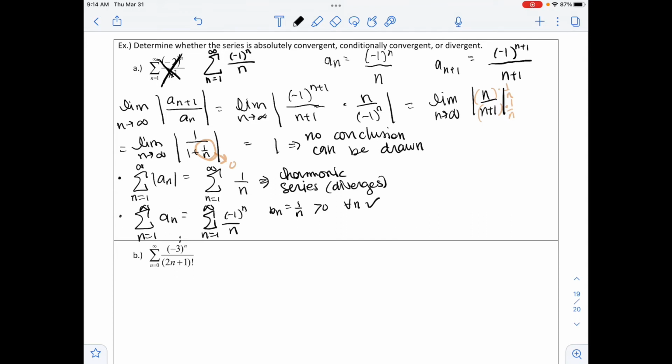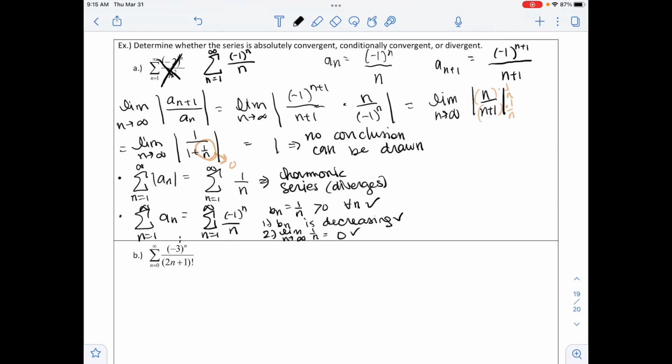So check, that's the first thing. The other thing is that it needs to be decreasing. So b sub n is decreasing because as you increase n, those terms are going to get smaller and smaller and smaller. And then the second thing is the limit as n approaches infinity of 1 over n is equal to 0. So that's our other thing that we need to check.